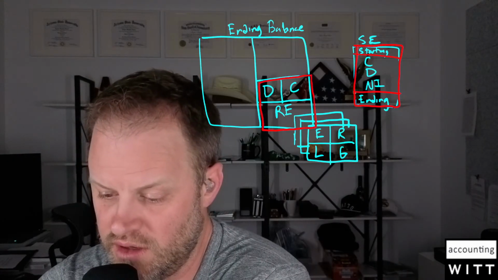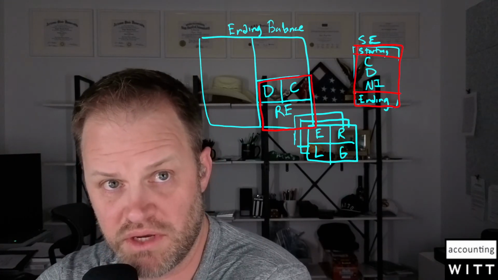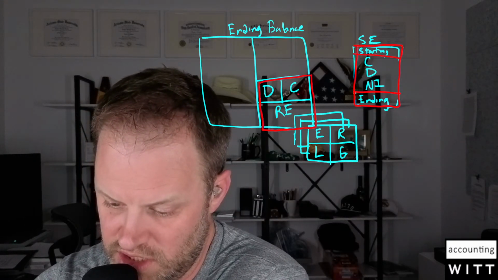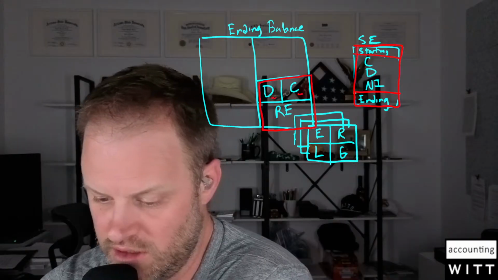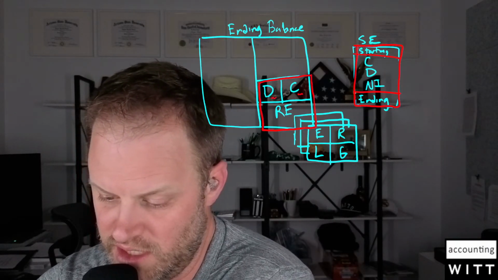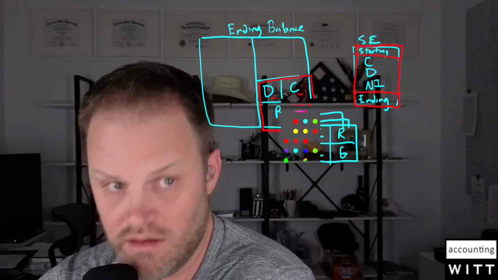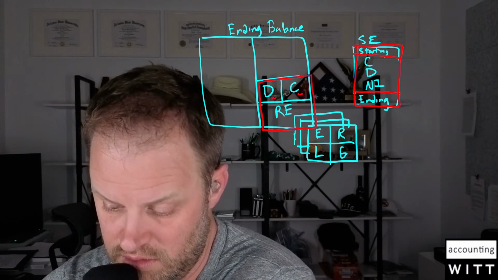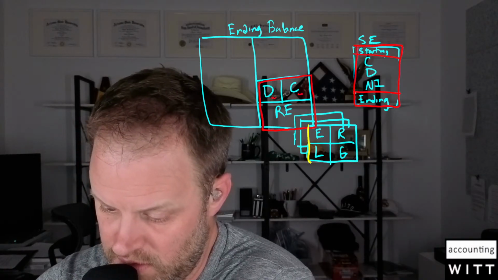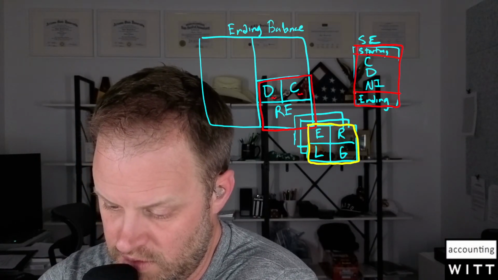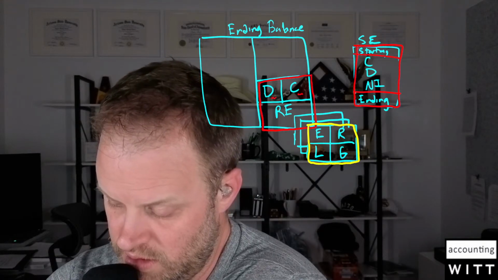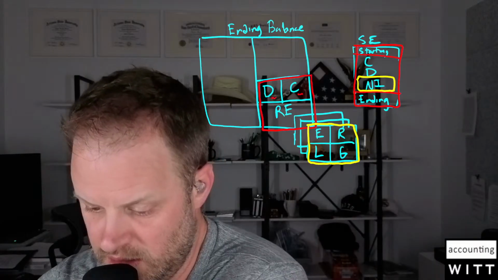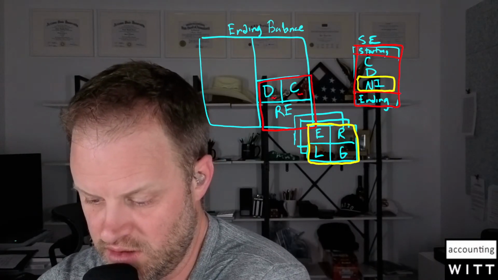From the start of the period, any changes here and here during that period, and then the net income being the current period.